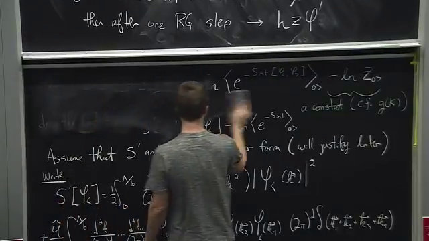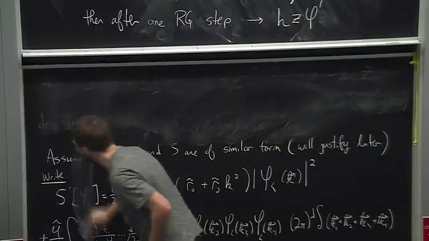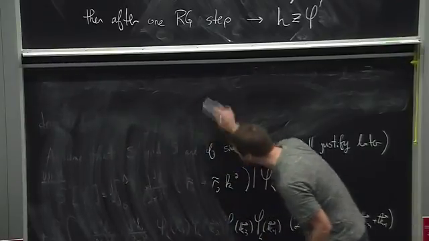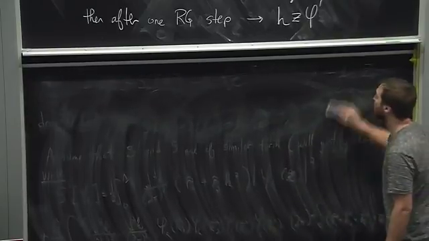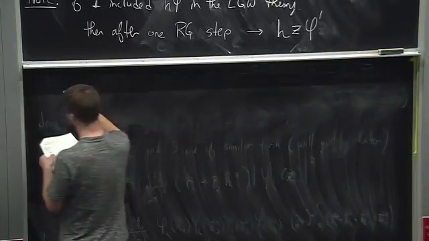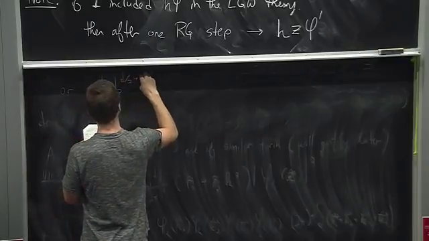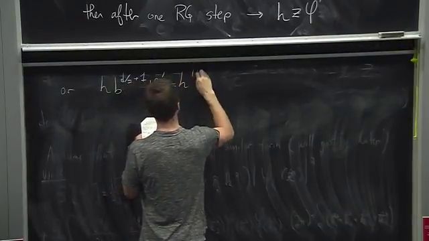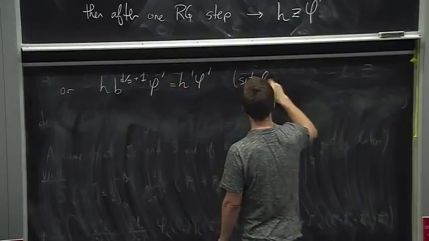So I think we can just do this. D minus D over 2 plus 1.